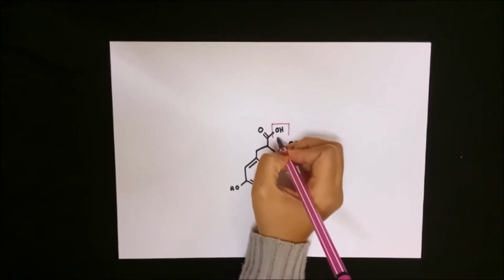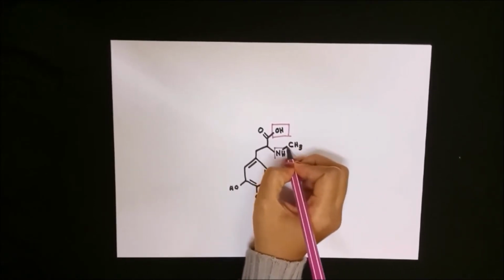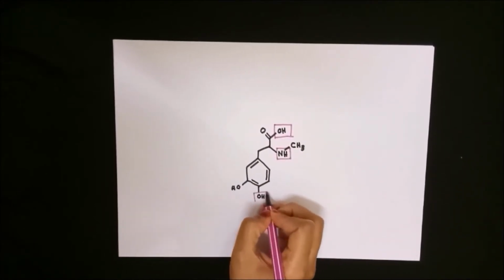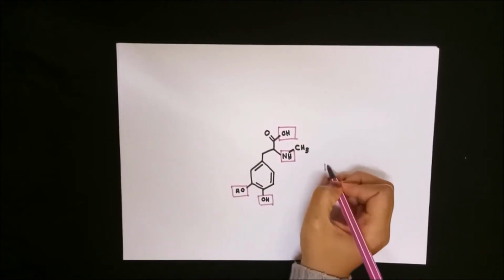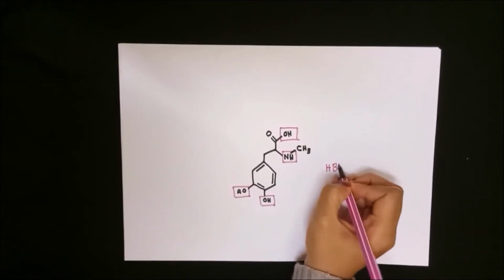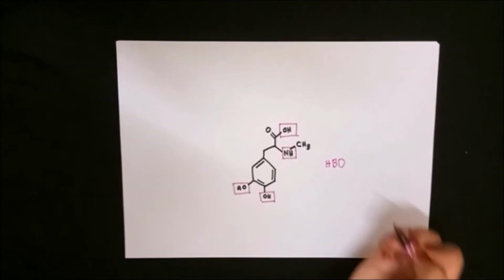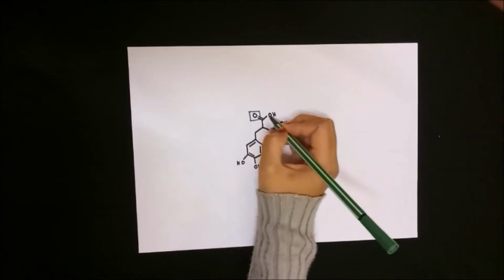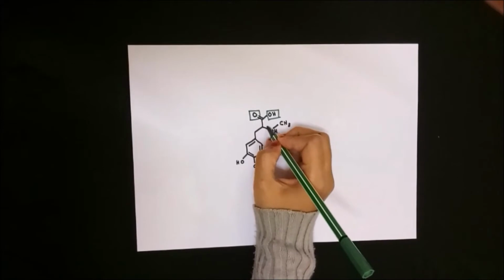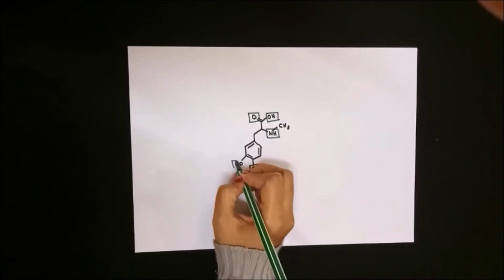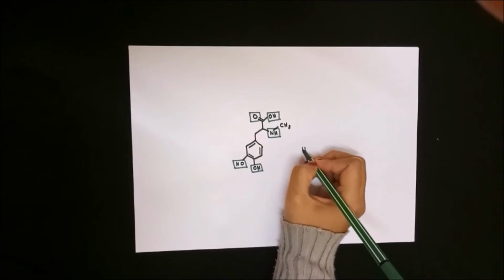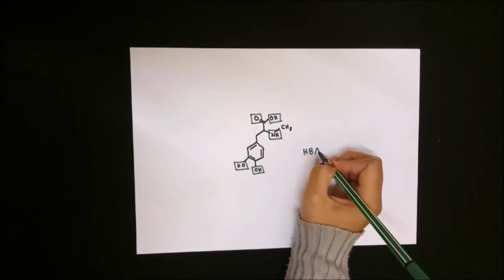The first one is hydrogen bond donor. There are 4 hydrogen bond donors in this drug, which enable it to form a strong hydrogen bond interaction with the binding region. Then there are also 5 hydrogen bond acceptors present in this drug, which also enable it to form hydrogen bonds with the binding region in the body.